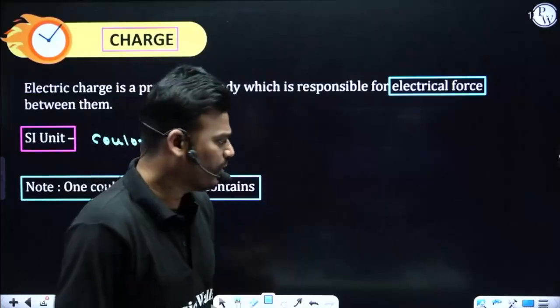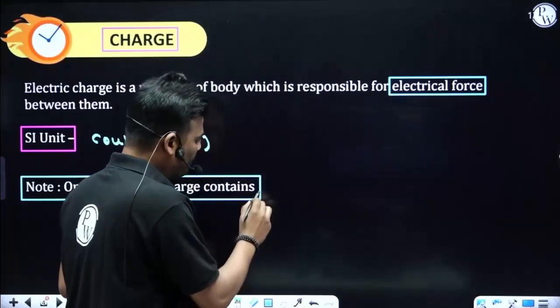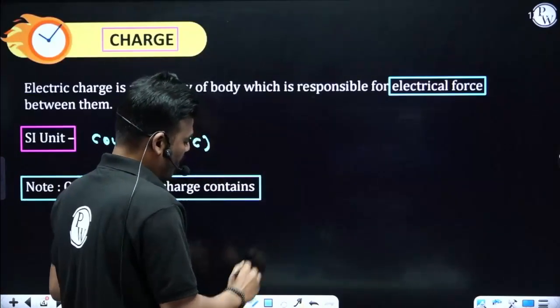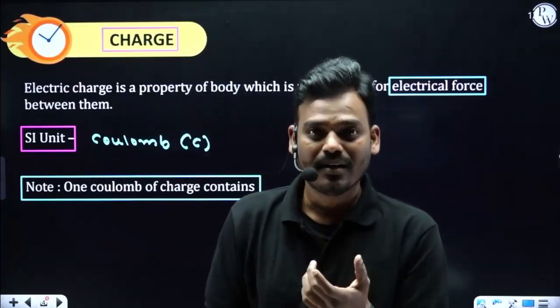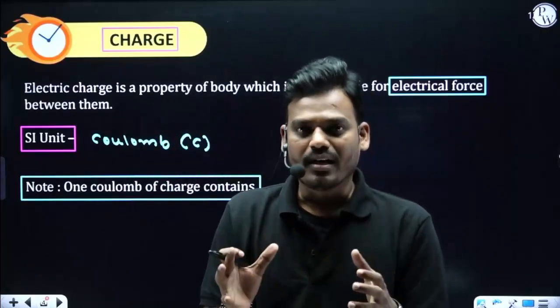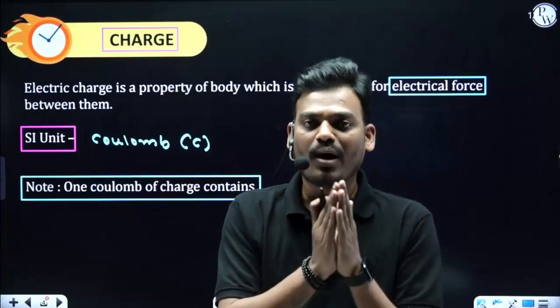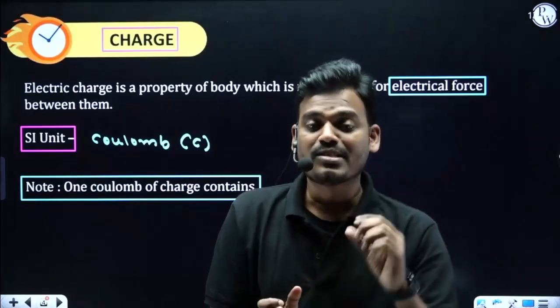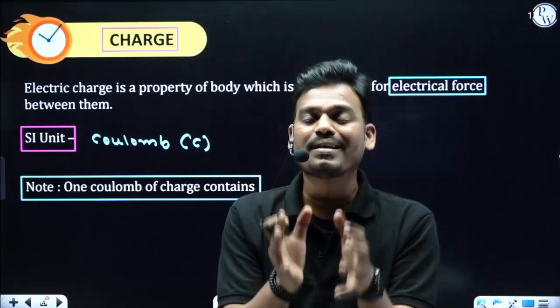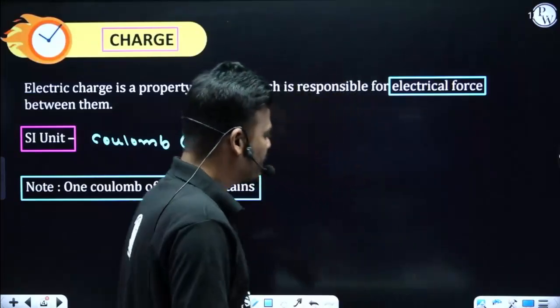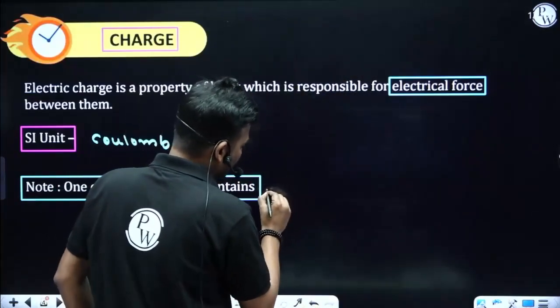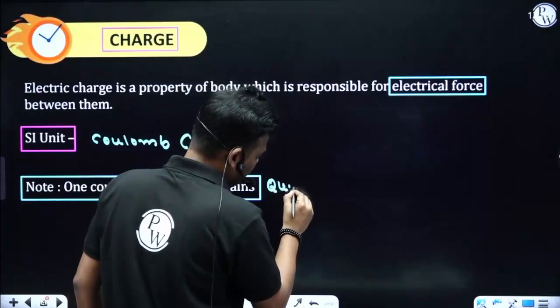For that, by the concept of quantization of charge, quantization means quantity. In a body, if the body contains 1 coulomb of charge, how many electrons are present on that body? Let's check according to the property of quantization of charge.